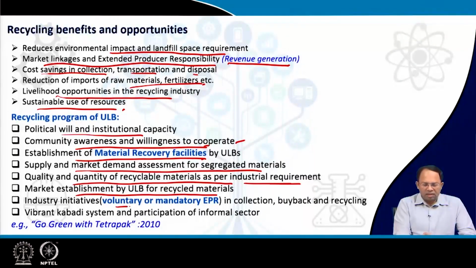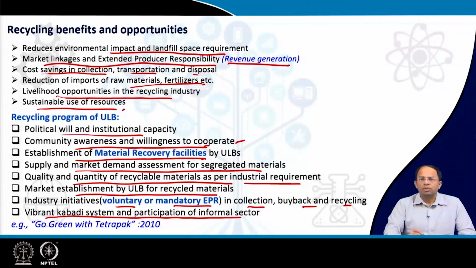Industry initiatives, either voluntary or mandatory EPR, as we are discussing right now, in collection, buyback, and recycling. Then a vibrant Kabaddi system and participation of the informal sector. Usually in Indian cities, the households sell their papers and some plastic directly to waste pickers or informal recyclers, and this is the Kabaddi system.